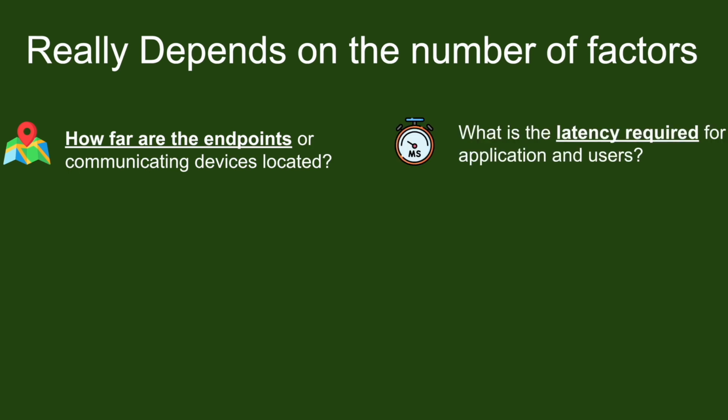Another factor is the latency required. Let's say in this case it is not the devices that are actually communicating. Let's say a user is trying to access an application, and when an application developer develops or architects an application, at that point in time he actually defines what latency is required.